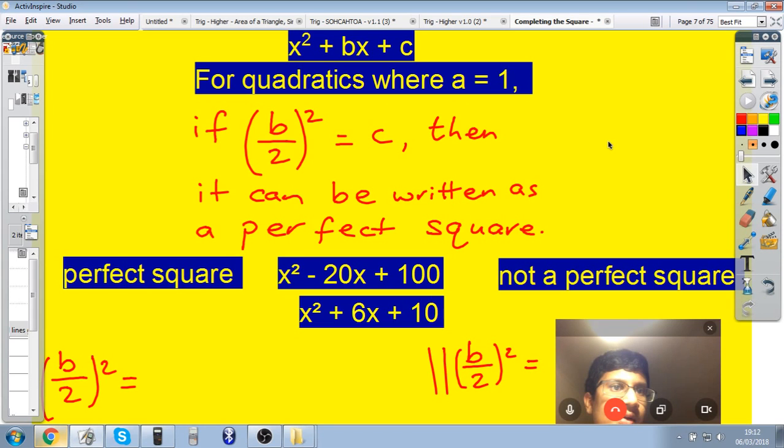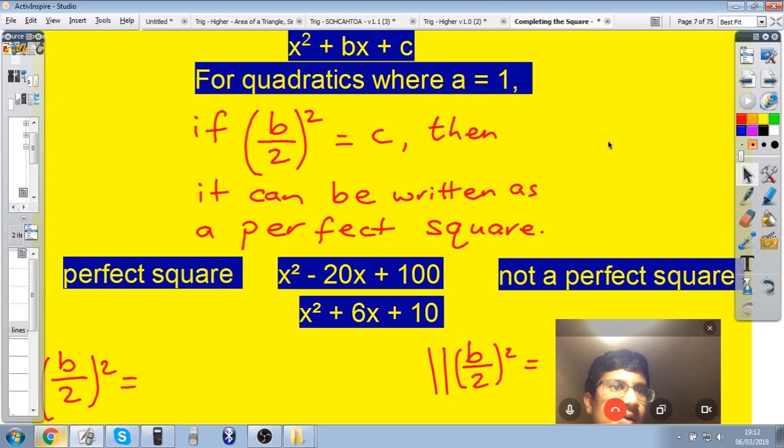So for quadratics, when a is 1, if b over 2 squared is c, then it can be written as a perfect square. So minus 20 over 2 squared is 100. So then that is a perfect square, yeah.